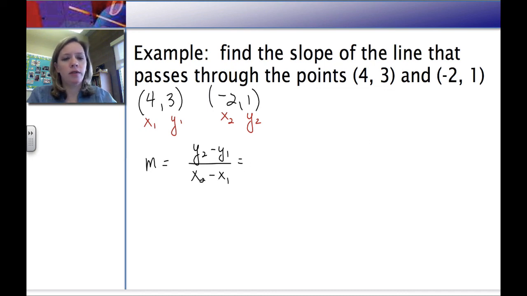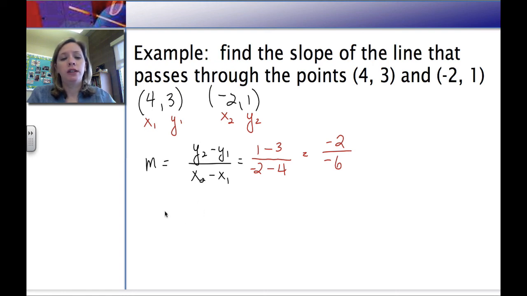So plugging in those values, y2 is 1. And we're going to subtract from that y1, which is 3. Now let's divide. x2 is negative 2, and we're going to subtract from that x1, which is 4. So 1 minus 3 is negative 2, and negative 2 minus 4 is negative 6.